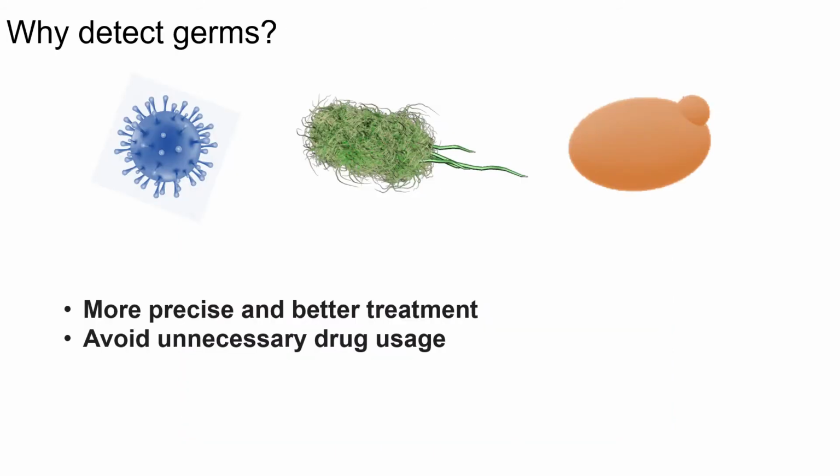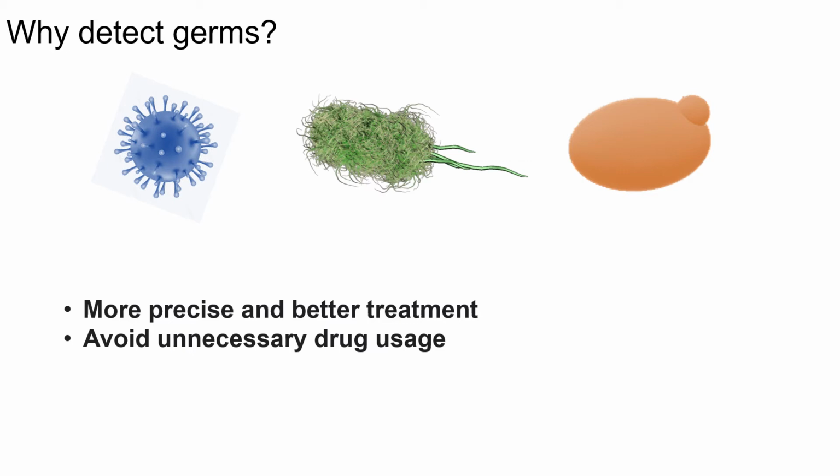Since there are many different types of germs, it will be useful for the doctor to know the type of germs that cause the infection. For example, a doctor may prescribe an antibiotic to the patient if the doctor knows the infection is caused by bacteria. However, the same antibiotic will not be useful if the infection is caused by viruses or fungi.